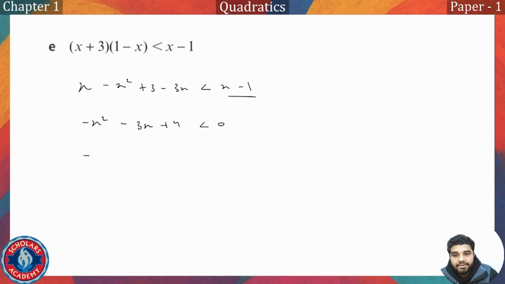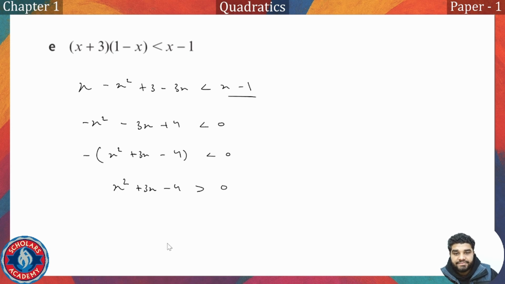We can take negative 1 common. So x square plus 3x minus 4 is greater than 0, since if we multiply both sides by negative 1, the sign of inequality will change. Alright, so this is what we are getting.